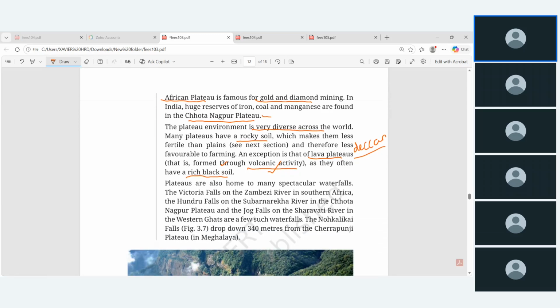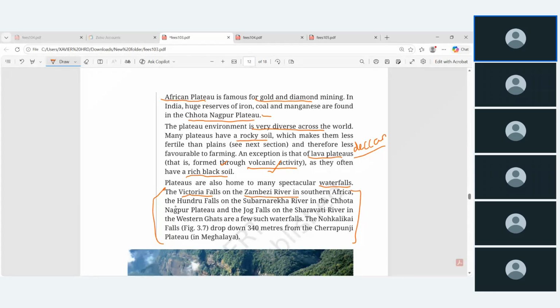And plateaus are also home to many spectacular waterfalls. Idhula konjam points irukku. Idhe thaniya note paniko. Adhaadu Victoria Falls in the plateau, Zambezi River in Southern Africa. Thaniya potu vechiko. And Hundru Falls on the Subarna Rekha River in Chota Nagpur plateau. Thaniya eludiko. And Jog Falls on the Sharavati River in the Western Ghats.